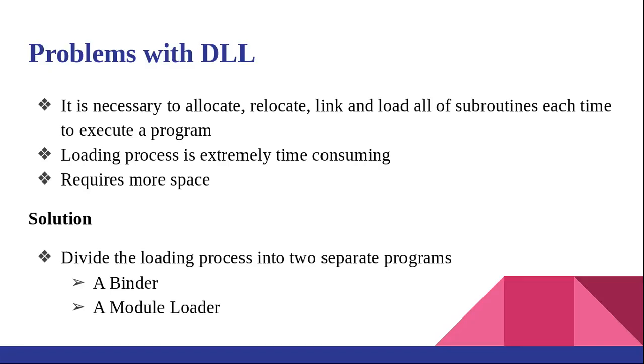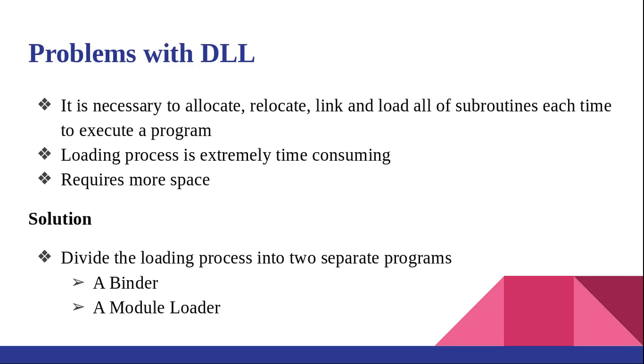In the last class, we have seen the main problems associated with the direct linking loader. The main problem is that whenever we have a program which contains many subroutines, each time we execute the main program, we need to allocate, relocate, link and load all the subroutines each time.